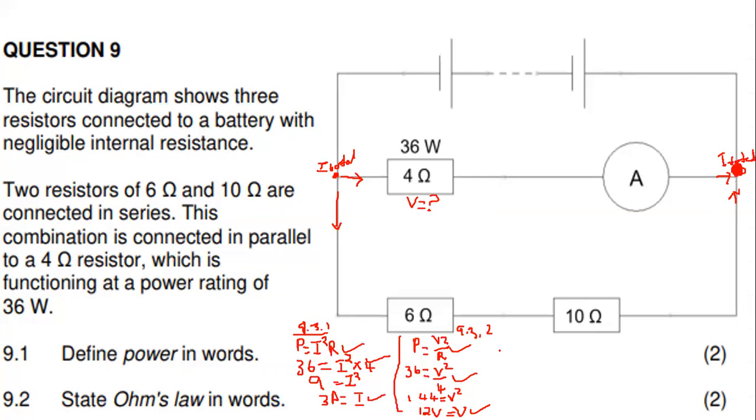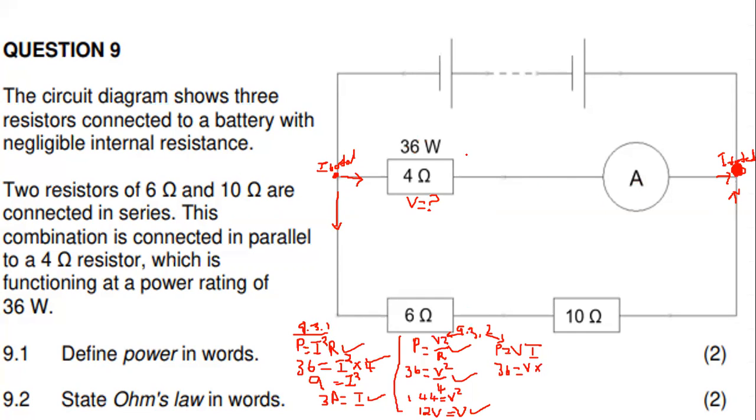Are we together? Right. So that's how you would have calculated it. Something perhaps that you could have done is to try a different formula where this is still 9.3.2 as well, where you just say P is equal to VI. So you know the power, it's 36, is equal to V, it's what you are looking for.